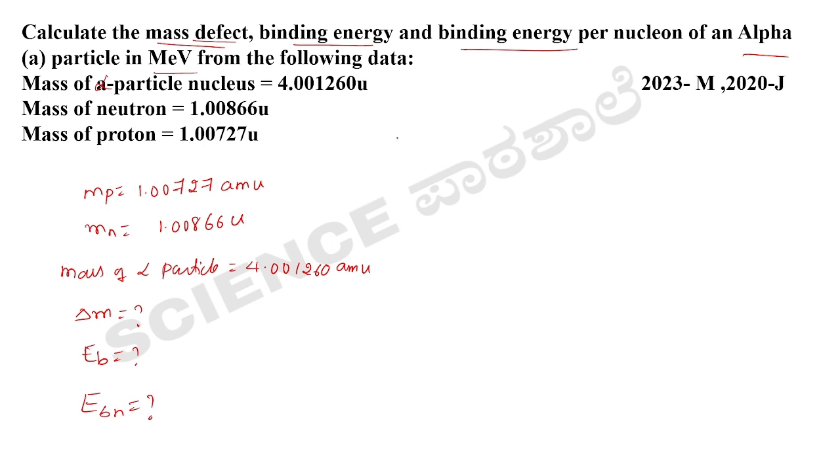Just now we discussed the formula for mass defect: delta M is equal to Z Mp plus (A minus Z) Mn minus M. Now substitute the values. What is Z?